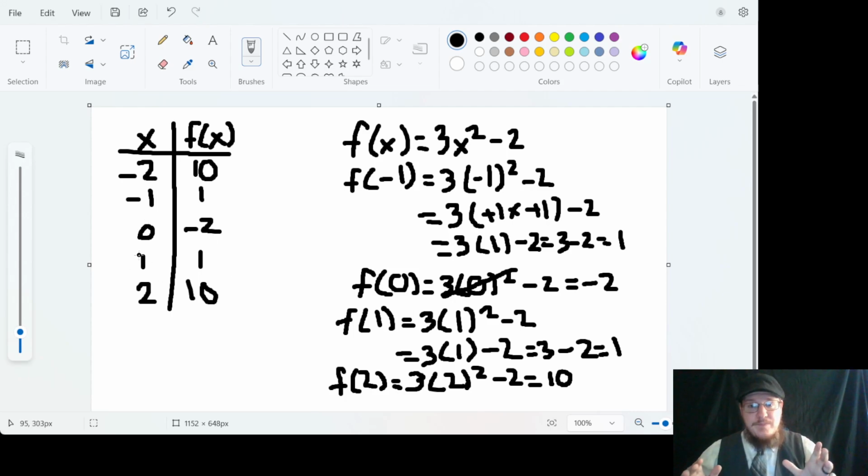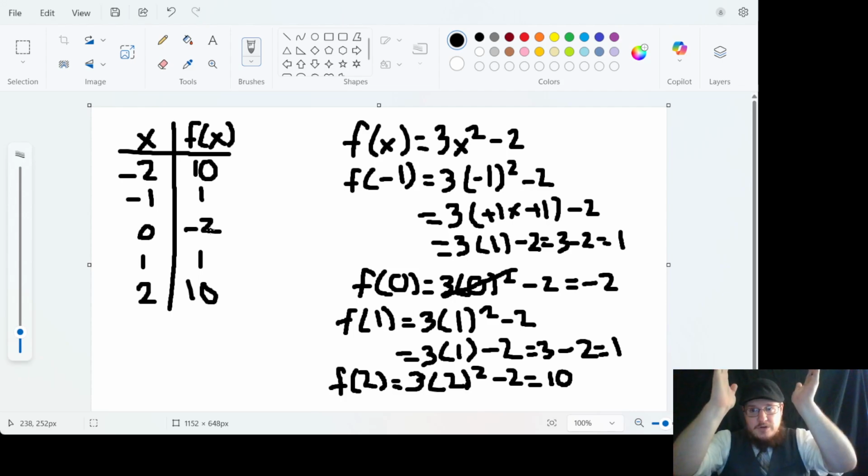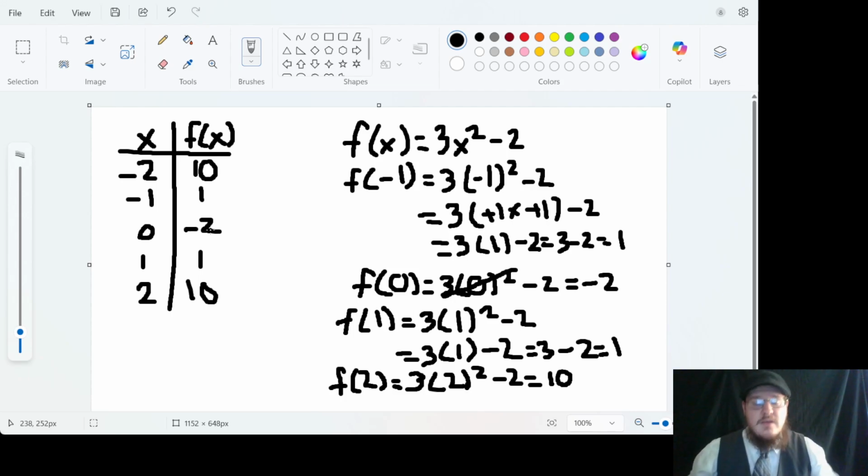If we were to graph it, it's going to look like a curved function called a parabola. It basically just looks like a V or U that has a point somewhere on the origin, in this case at the point 0, negative 2, and then it curves upwards very quickly, and it's going to have the same f of x values for every single x value, okay?